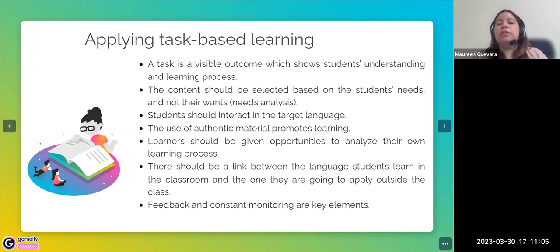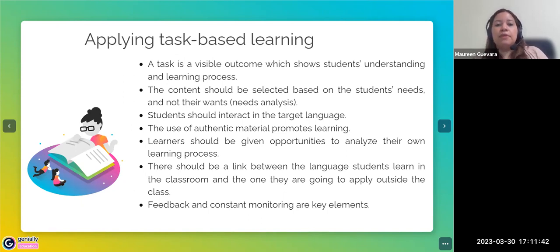So it is really important when we apply task-based learning that we make sure of the context in which students are using the language. And feedback and constant monitoring are key elements so that our students can really understand and improve. If we monitor just at the end, when they do another presentation and we say, this is not correct, not correct, not correct, maybe they are not going to have the chance to do it again.